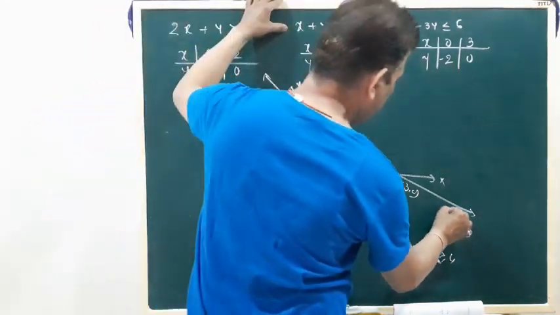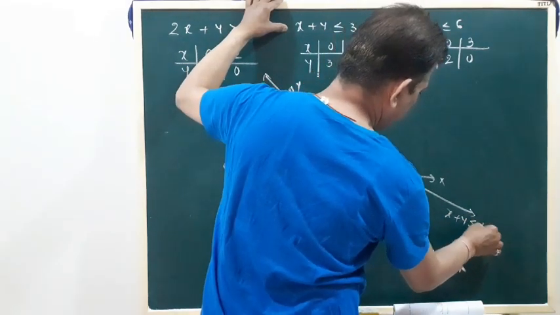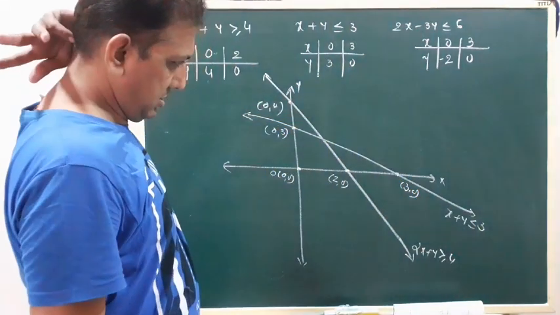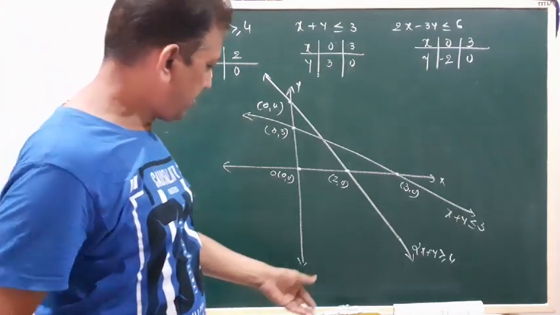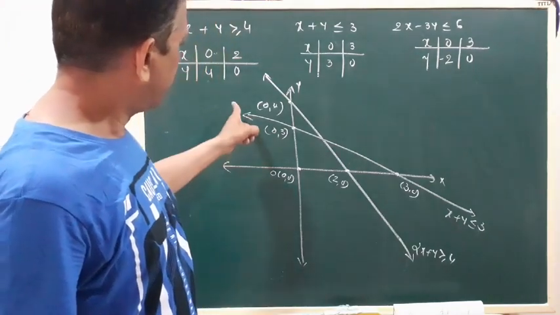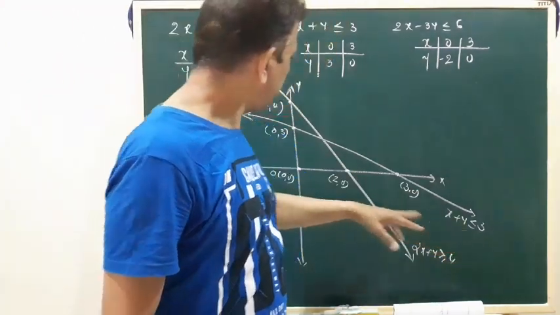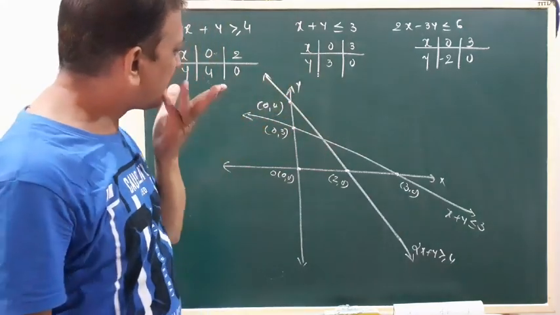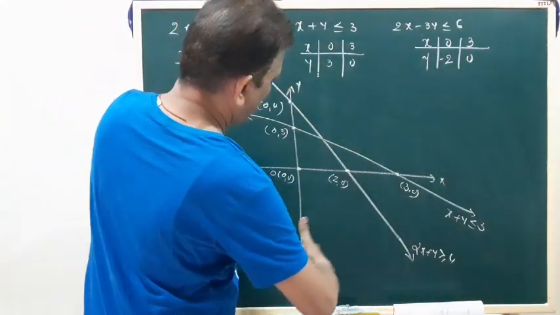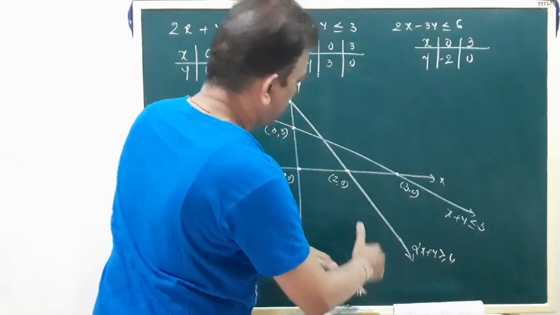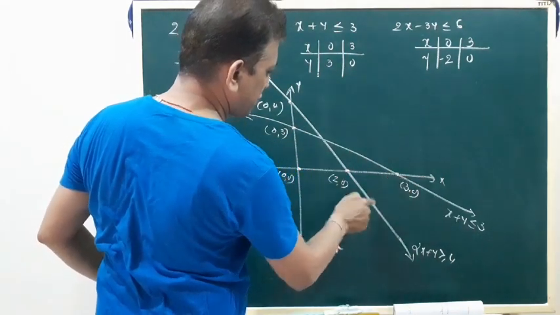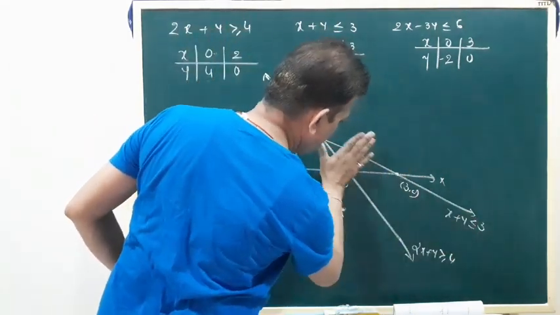So x plus y less than or equal to 3. Okay. Now which portion is the common? For this line, (0, 0) is satisfied. That means the first line's upper part, and the second line's lower part. So the intersection of these two lines is the common portion up to this point.